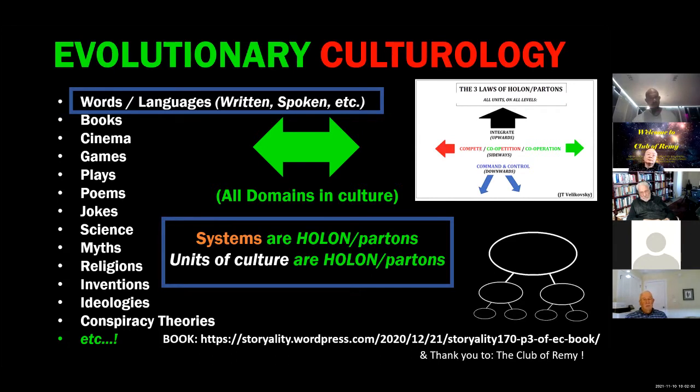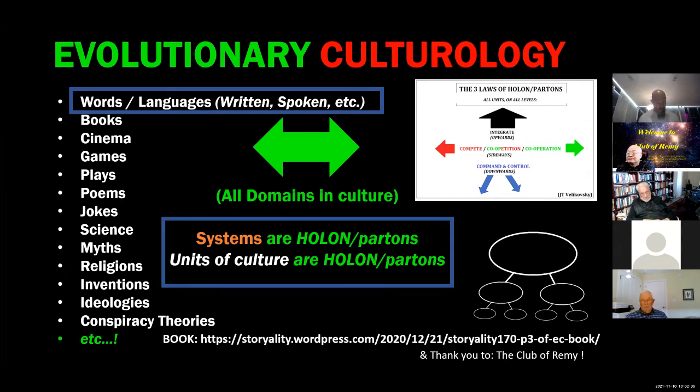So you can analyze any of those domains: books, cinema, games, jokes, science, myths, conspiracy theories. There's about a dozen examples in my forthcoming book. It has 21 domains in culture that are analyzed as case studies using this tool of evolutionary culturology, but there's actually many, many more, but I just wanted to focus on language, obviously.